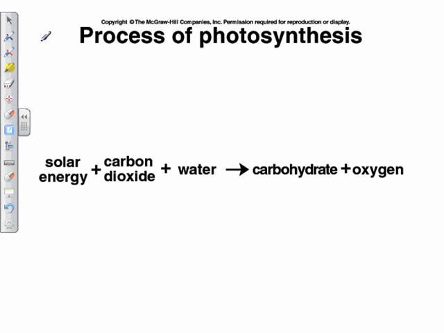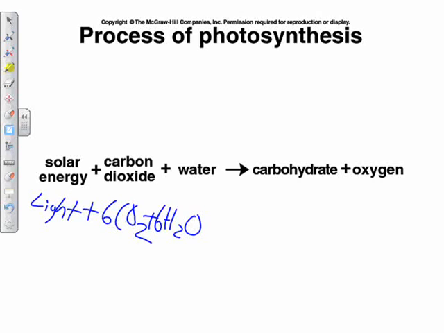So in symbols, to do photosynthesis, you got to have some light. It doesn't have to be sunlight. It could be light from a bulb, right? You got to have some light, you got to have some CO2, you also have to have some water. Now, in the cell respiration equation, there was no light, but there was what kind of energy?